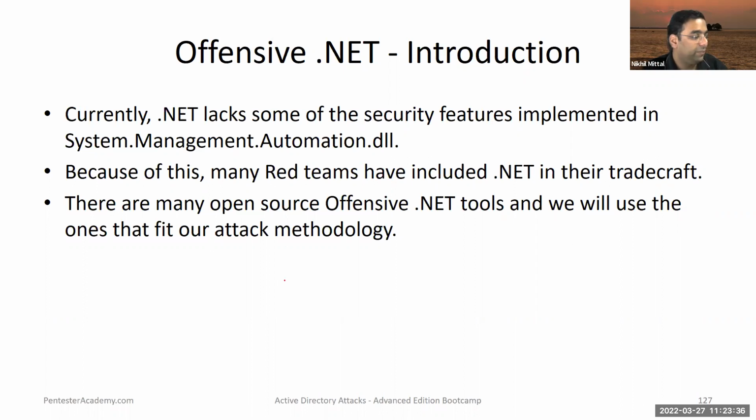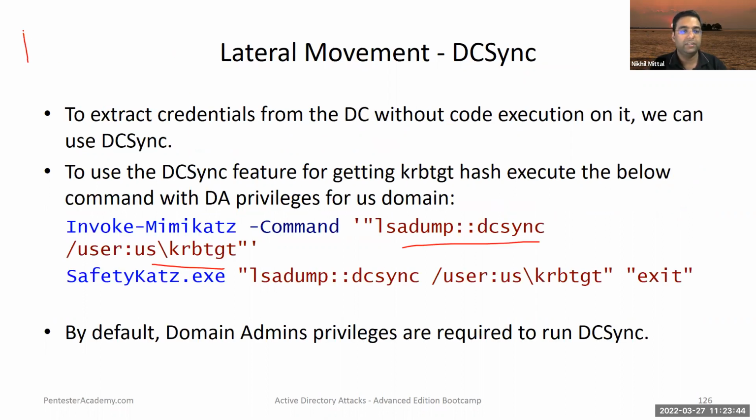The question is, can you explain the replication feature again? So the DCs need to replicate information among each other. Let's say there are two DCs in a forest or a domain, DC1 and DC2. They need to continuously replicate information between each other. Now, DCSync abuses that replication feature.